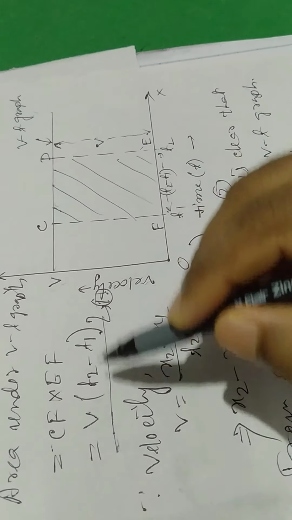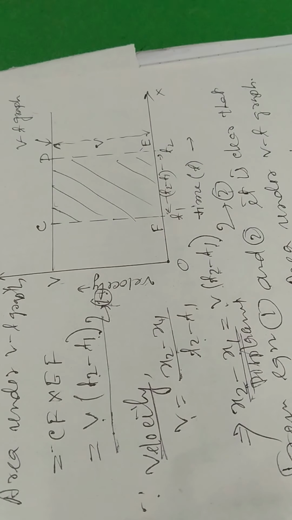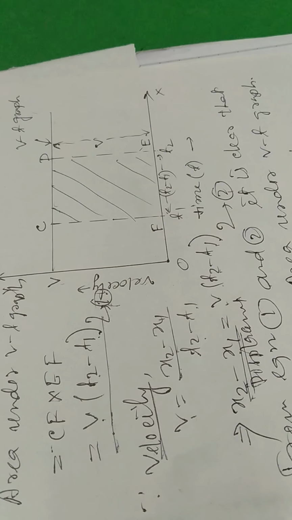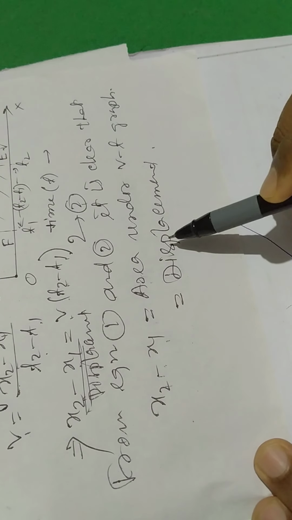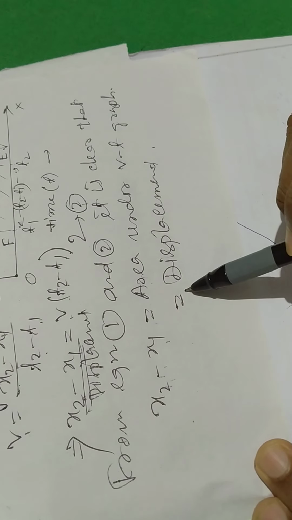From equations 1 and 2, it is clear that x2 minus x1 is equal to the area under the v-t graph, which is displacement. So we have learned that the area under the v-t graph represents displacement.